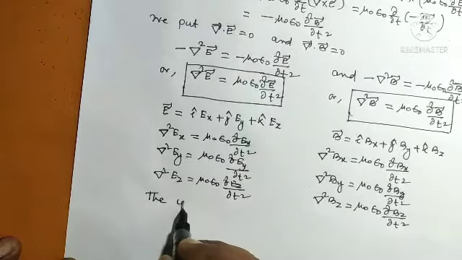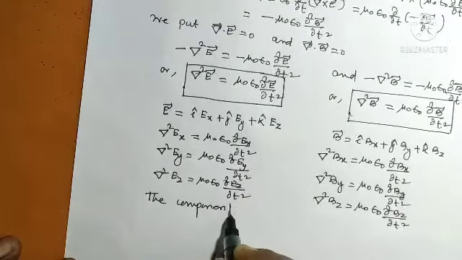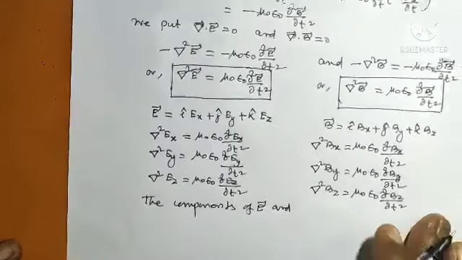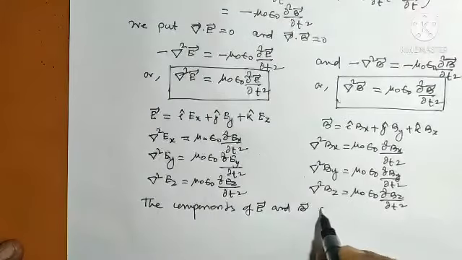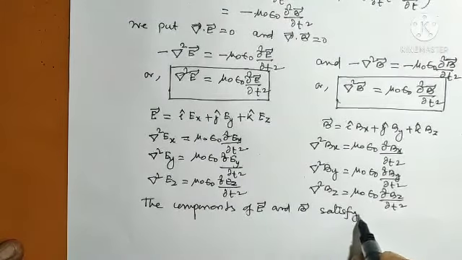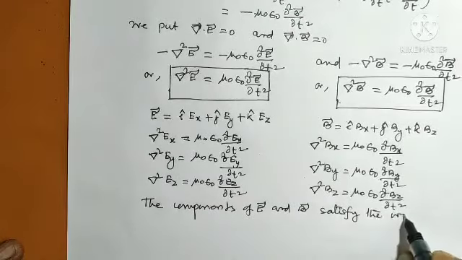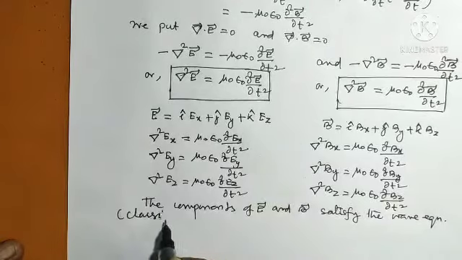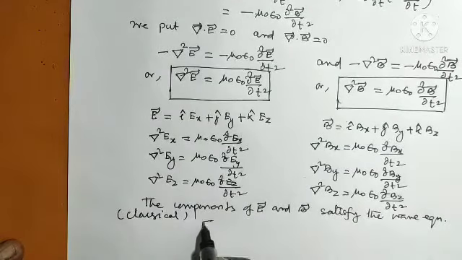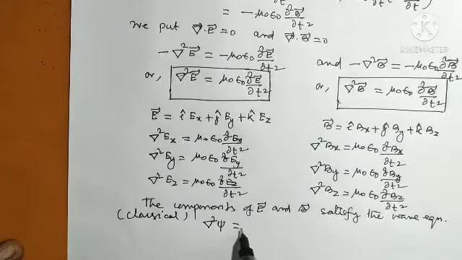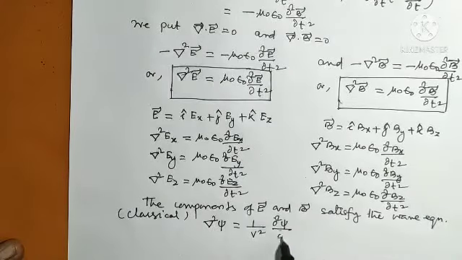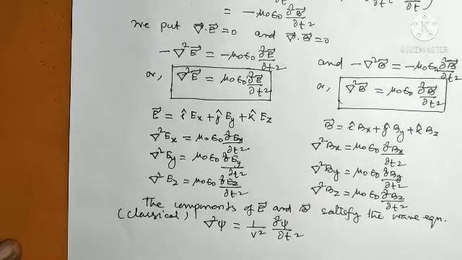The components of the E vector and B vector satisfy the general wave equation, that is the classical wave equation, del square psi is equal to 1 by b square del square psi by del t square.